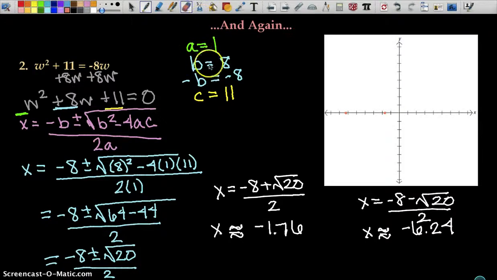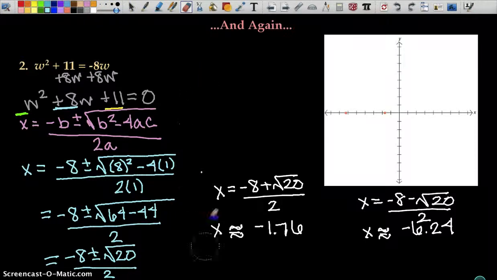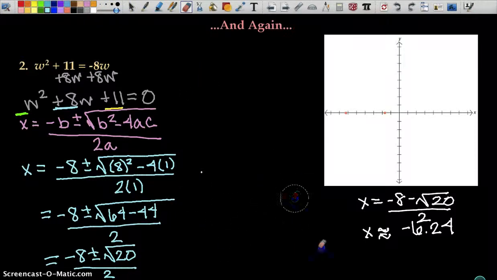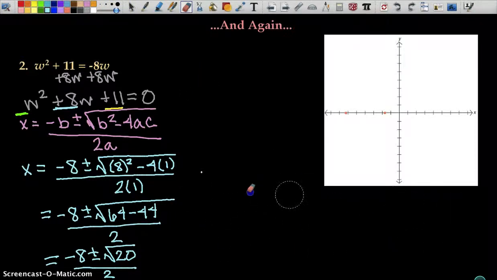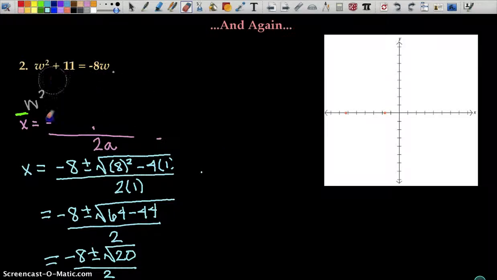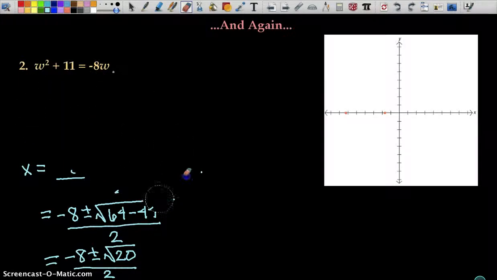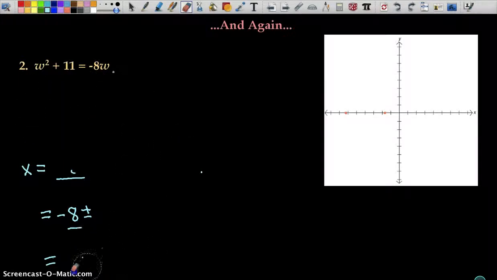There's that information. Now if we want to do axis of symmetry, remember that part is your negative b over 2a. So negative b, remember, is negative 8 divided by 2 times a, which is just 1, leaving us with x is negative 4 as our axis of symmetry.